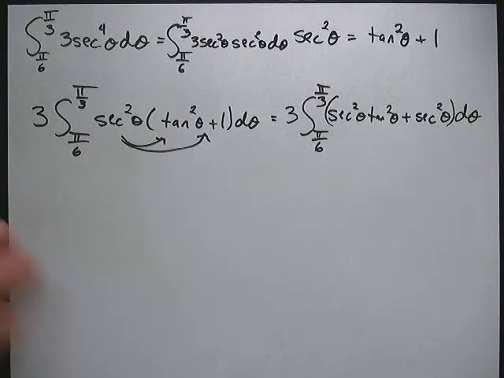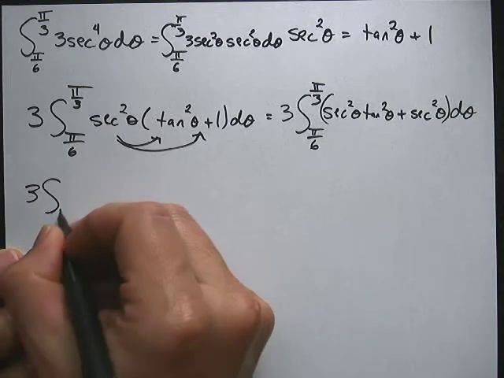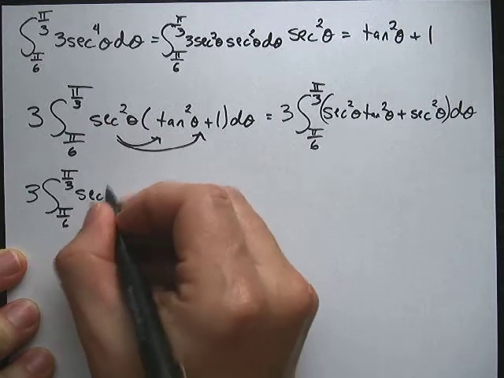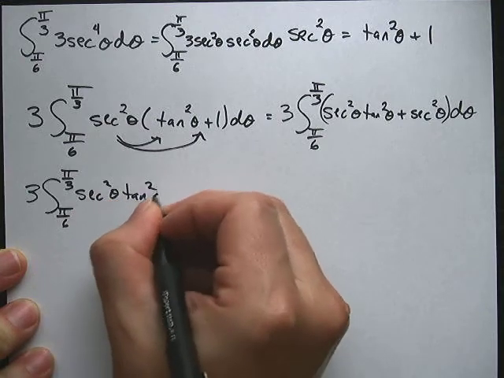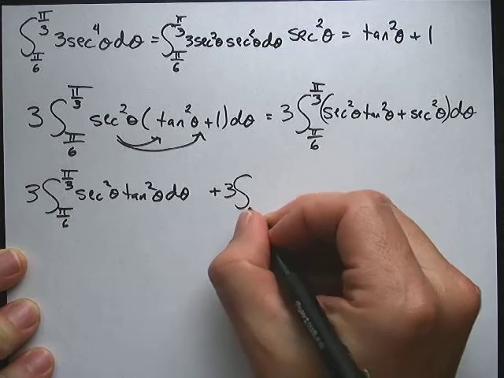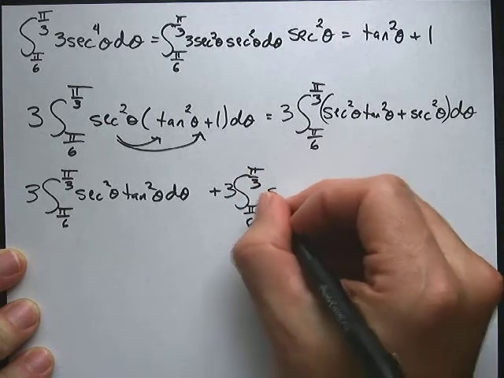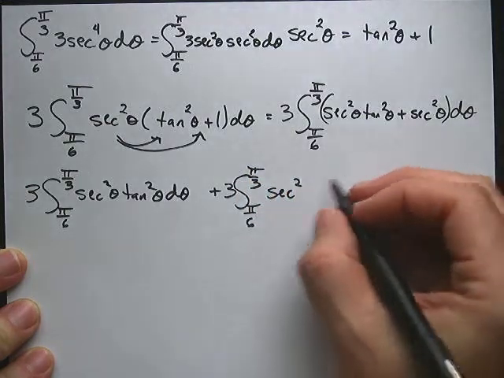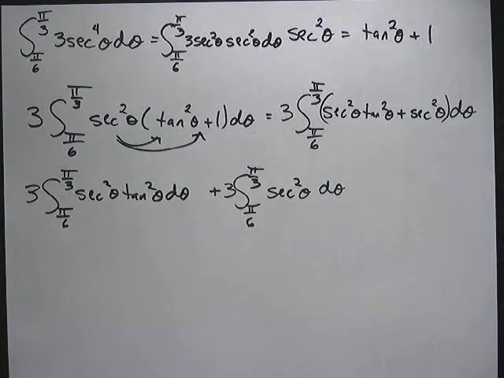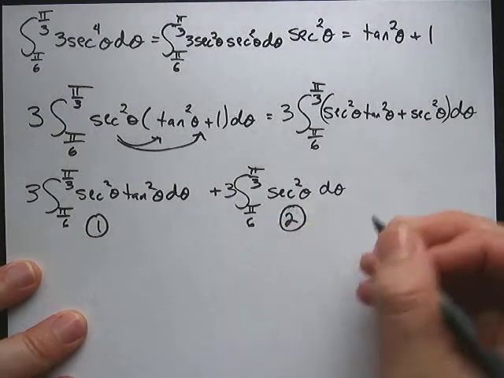Okay, now we're going to split this up into two separate integrals, one of them being 3 times pi over 6 to pi over 3, the integral of secant squared theta tangent squared theta d theta plus 3 times the same integral from pi over 6 to pi over 3 of secant squared theta d theta.